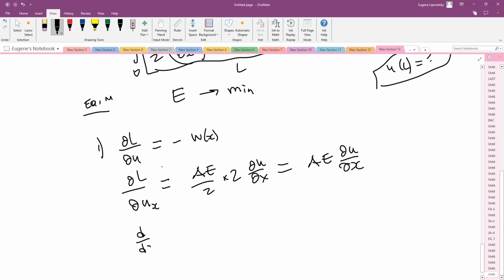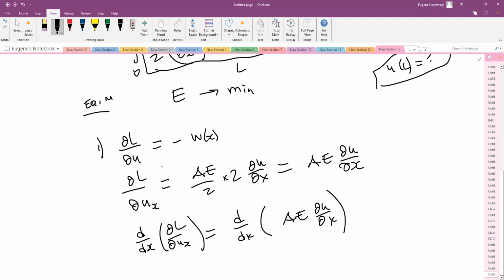d over dx of dL over du of x equals d over dx of this piece AE du over dx, assuming constant, but they don't have to be. It's going to be AE d squared u over dx squared.